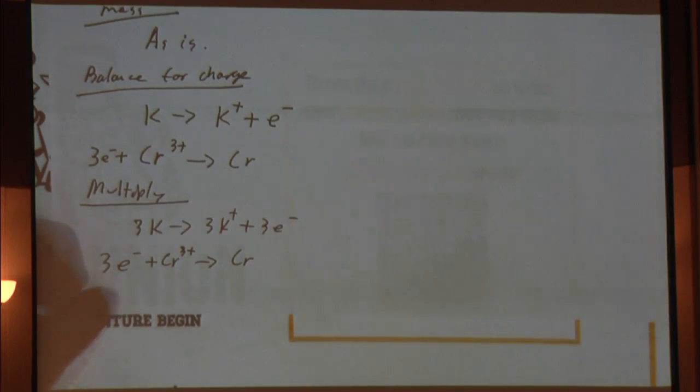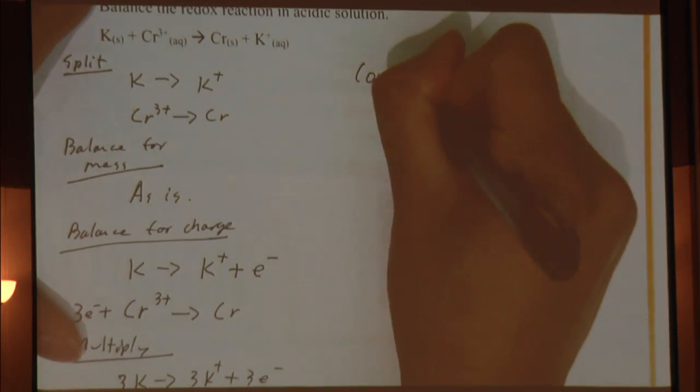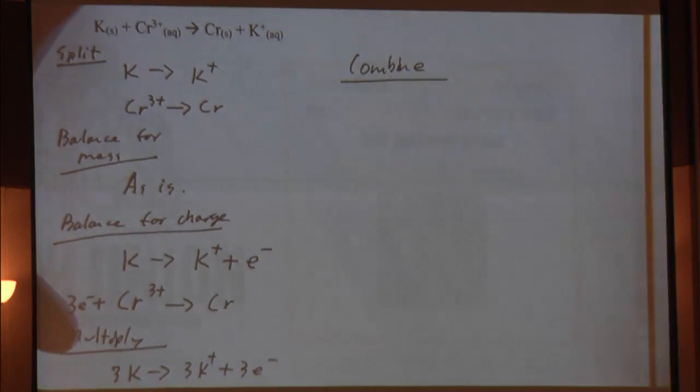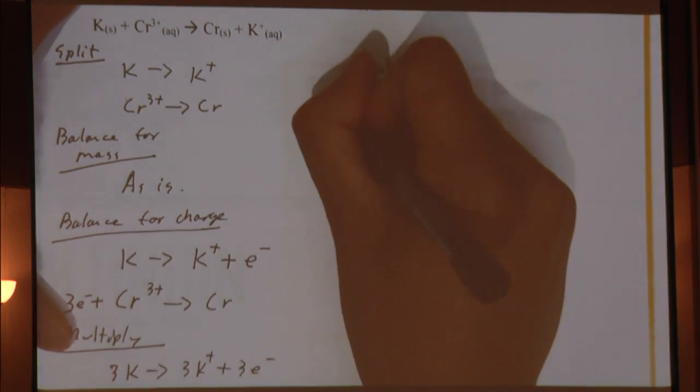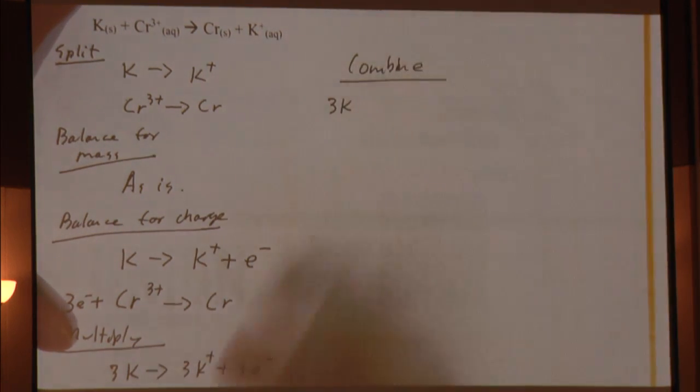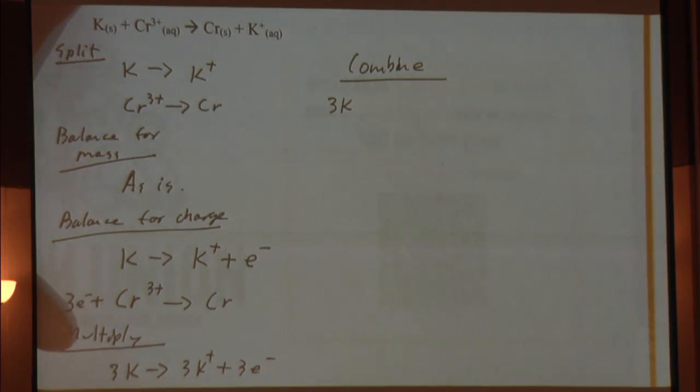And our other half reaction remains the same. And then we combine them. We combine them by adding up everything on the reactant side and then adding up everything on the product side.